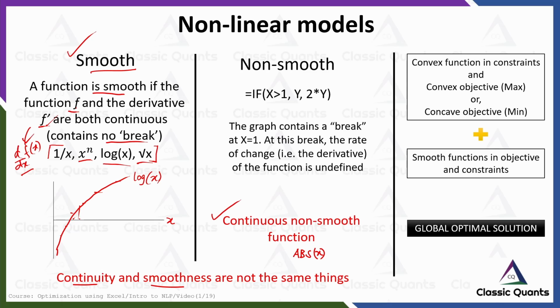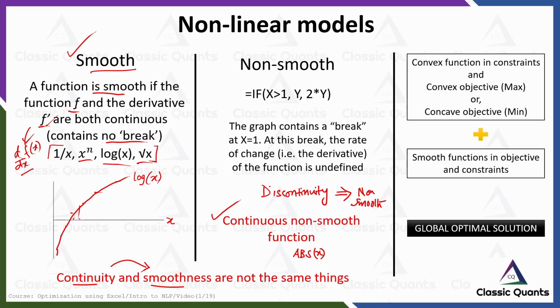Another thing you can say from here is that discontinuity will imply non-smoothness. If a function is discontinuous, you can say directly that it is non-smooth, but continuity cannot imply smoothness.